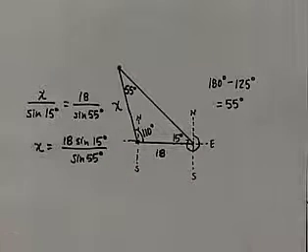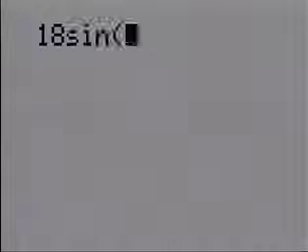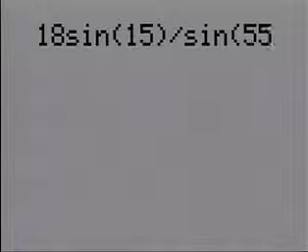And now again, let's use our calculator in order to come up with an approximate value here. Substituting into the calculator, we'll have 18 multiplied times the sine of 15 degrees, and we'll divide that by the sine of 55 degrees. That gives us an approximate value of 5 and 69/100 miles.